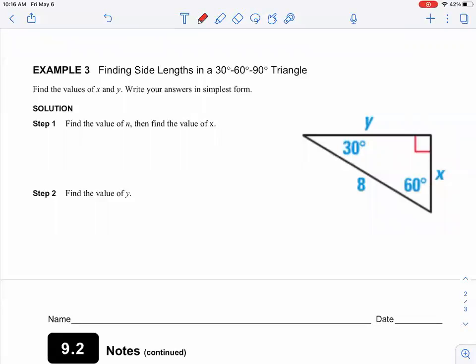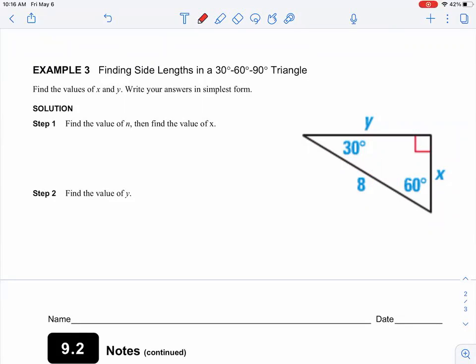All right, so we have this 8 here. So the first question you want to ask yourself is, is it the short leg? Is it the hypotenuse? Or is it the longer leg? Which one is it? Look at the right angle there. So yeah, it's the hypotenuse, okay? So the 8 is the hypotenuse.